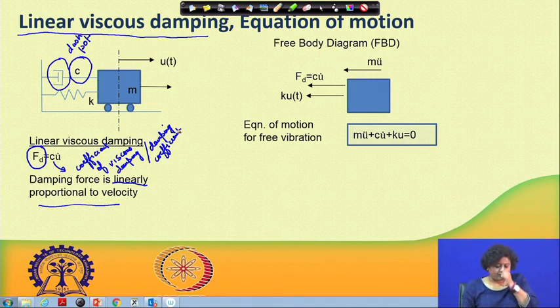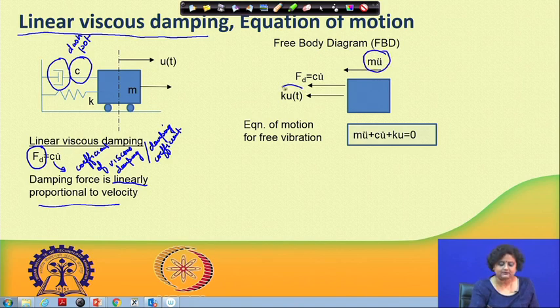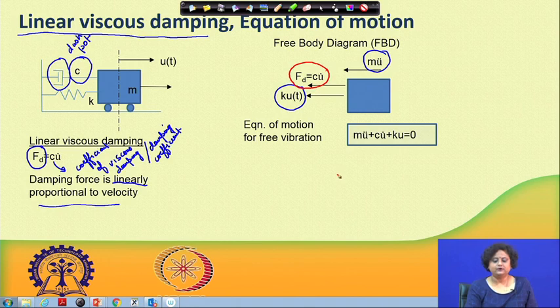Therefore, when we draw the free body diagram of a damped single degree of freedom system, apart from the inertial force and the spring force, we need to add the damping force, which is Fd equal to c into u dot. This is the new part coming into the equation from now on, and we will see how to analyze this new form.